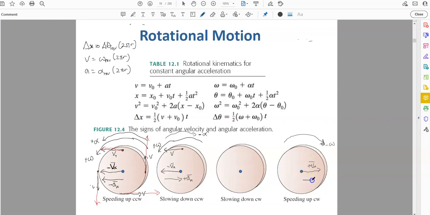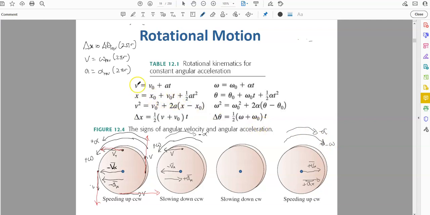We're speeding up, so our linear velocity and linear acceleration vectors are both in the same direction, which means our angular acceleration vector is in the same direction as our angular velocity vector.